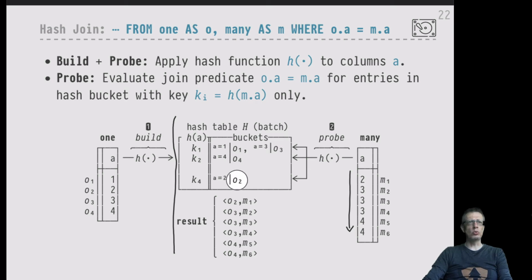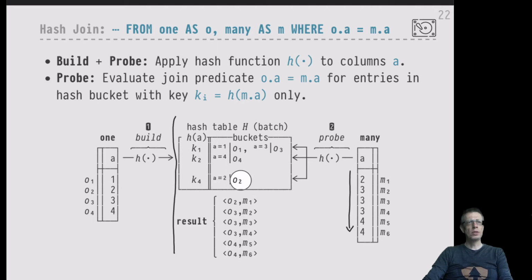placed row O2. Okay, so the key value, hash key value K4 is the same for rows O2 and for rows M1. All right, so potential join partners for M1 have to be located inside this particular bucket.